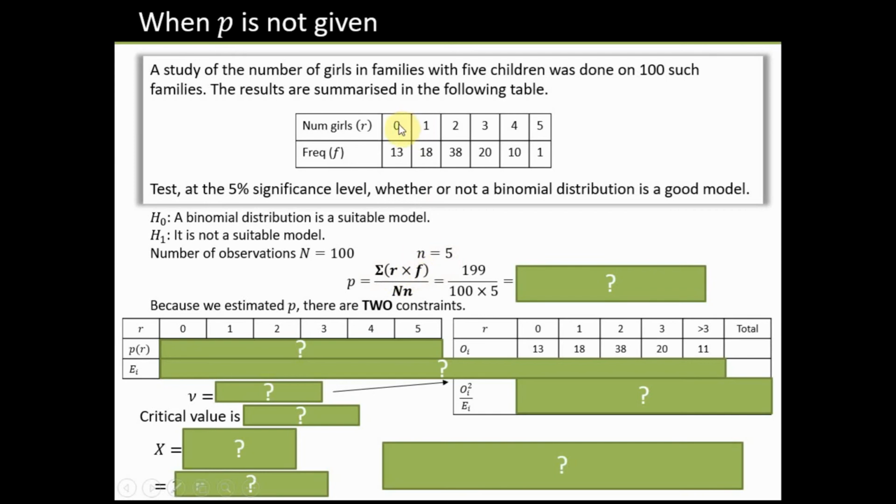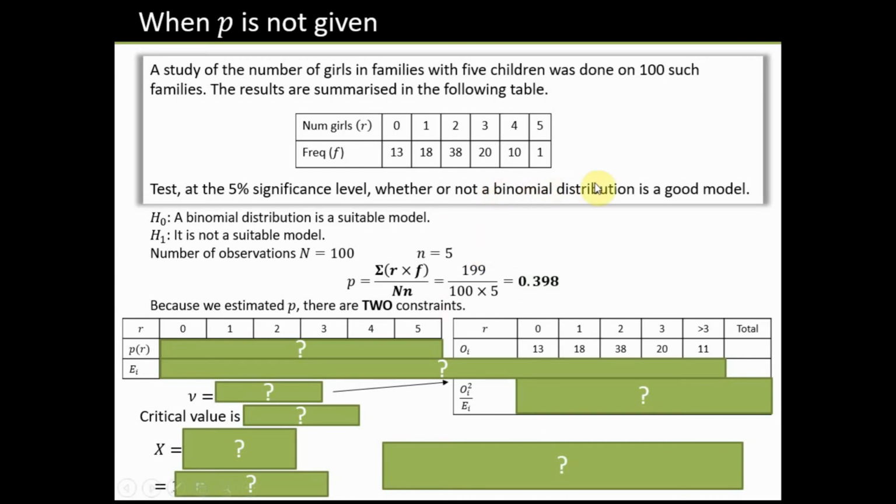And to get the number of girls, we can multiply the number of girls by the frequencies, by the number of families, and that comes out to be 199, and we divide that by the number of families altogether, which is the sum of these frequencies here, or we can just say, well, it's 5 children, 100 goes, so that's 500 at the bottom. So our best estimate of p comes out to be 0.398.